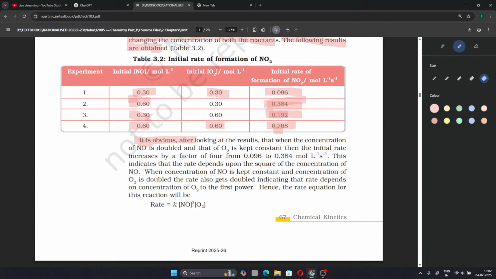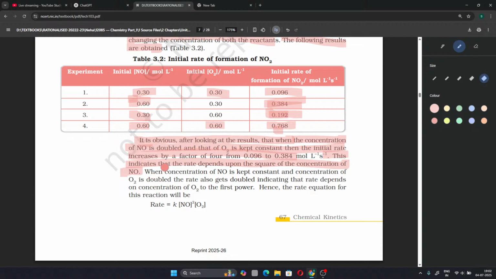It is obvious from the results that when the concentration of nitrogen monoxide is doubled and that of oxygen is kept constant, the initial rate increases by a factor of 4, from 0.096 to 0.384. This indicates that the rate depends upon the square of the concentration of nitrogen monoxide.